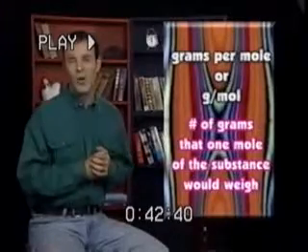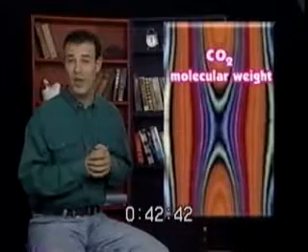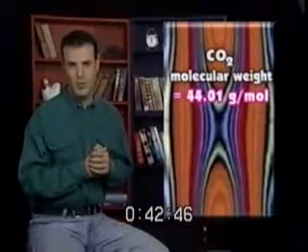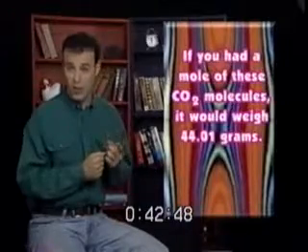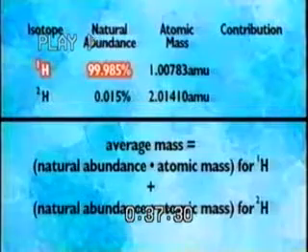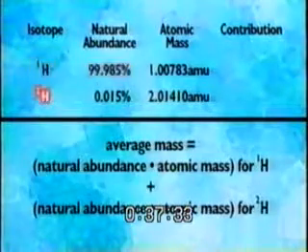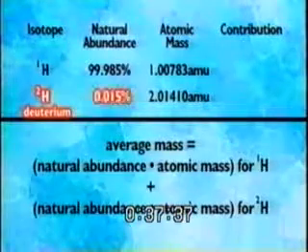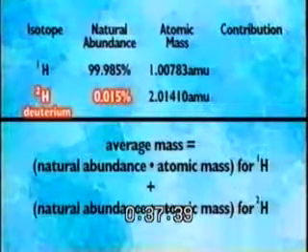For instance, when you read that the molecular weight of carbon dioxide, CO2, is 44.01 grams per mole, it means if you had a mole of these carbon dioxide has a natural abundance of 99.985%, and the isotope with 2 neutrons called deuterium has a natural abundance of 0.015%.